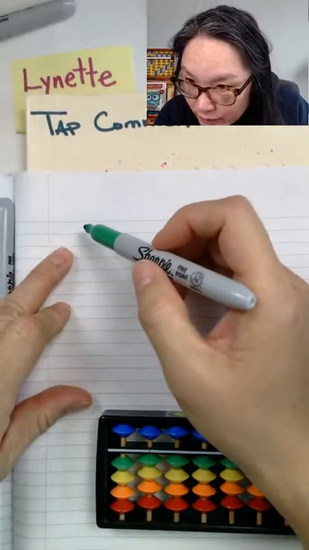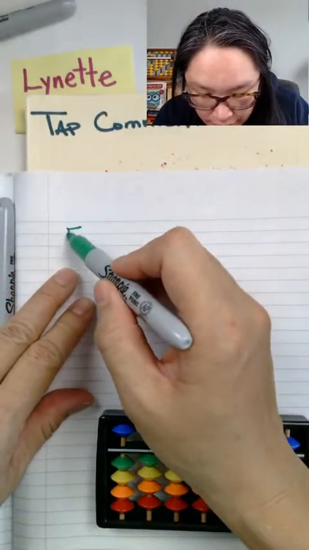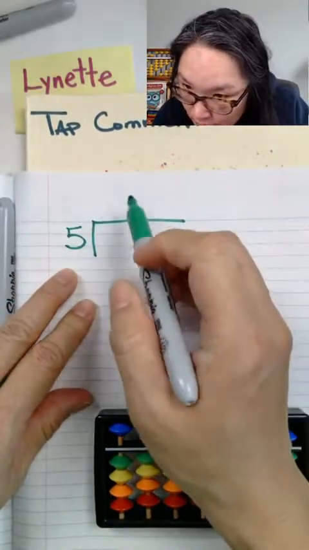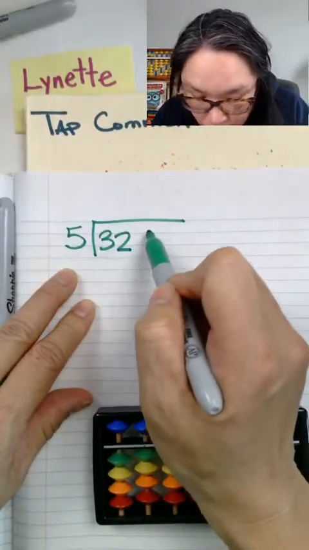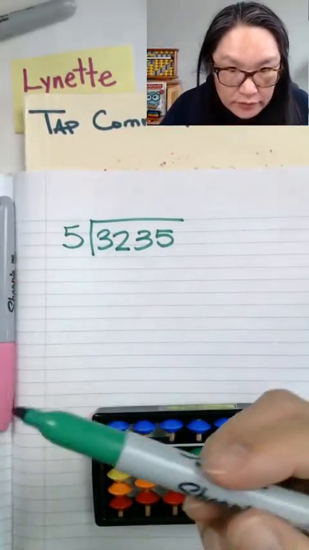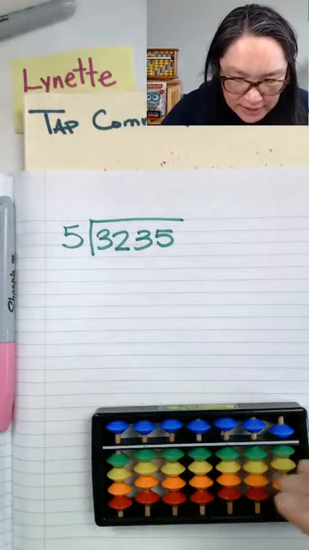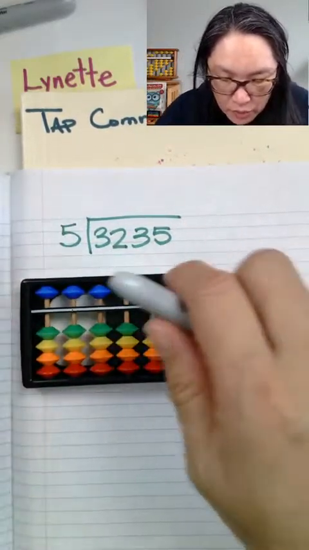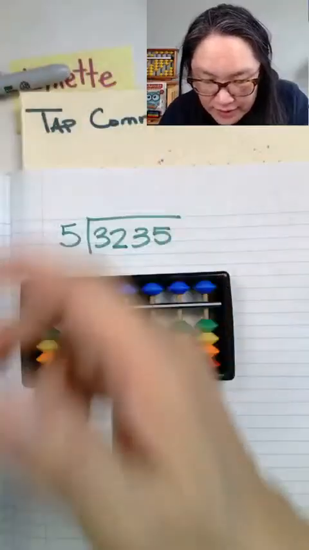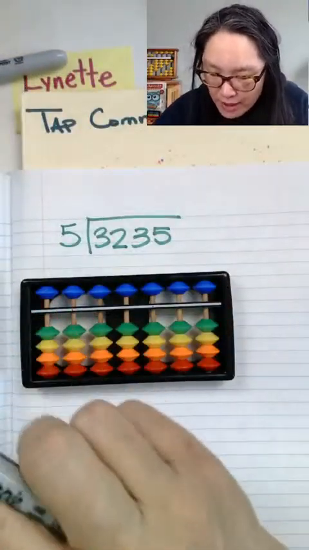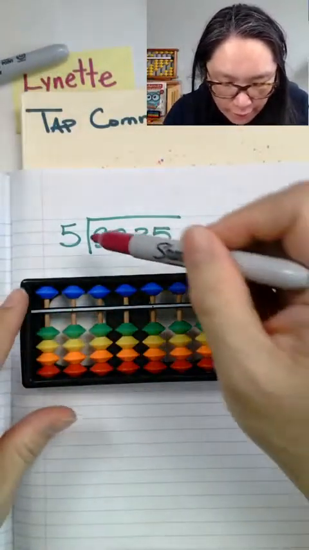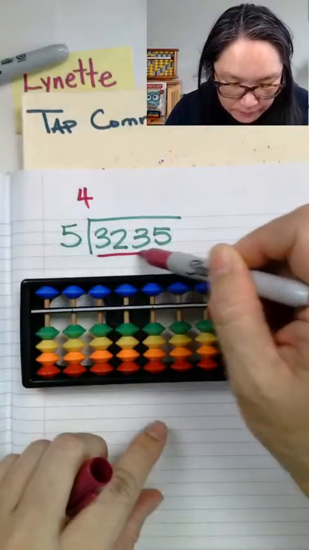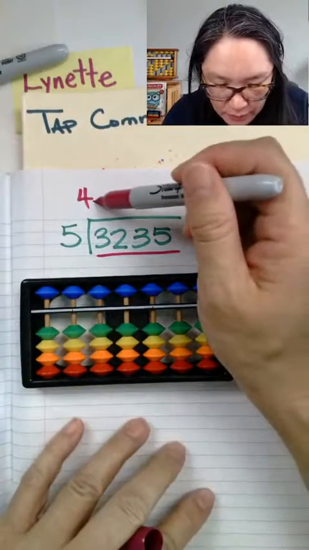Let's do it this way. We'll do 5, 32, 35. Right? We'll do 5 because 5 is kind of easy. Same thing. We have to look at our digits. We're having a conversation, like, how many digits do you have? I have 4 digits. Take away 1 digit.